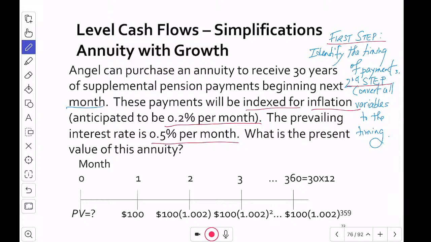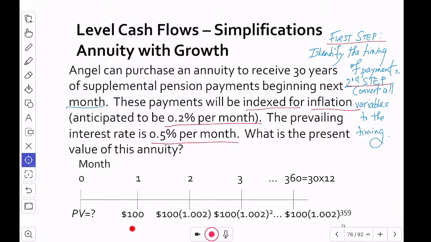It means that your payments will begin as $100. In this case, I don't mention it here, but here's the timeline. $100 to be received in 1 month, and then the $100 will grow, and that's to adjust for inflation so that you can afford to buy things, right?